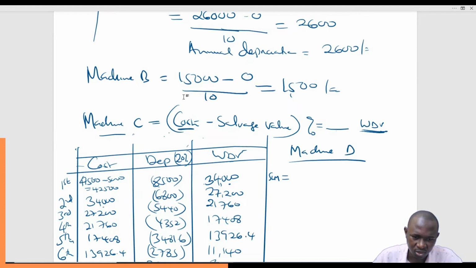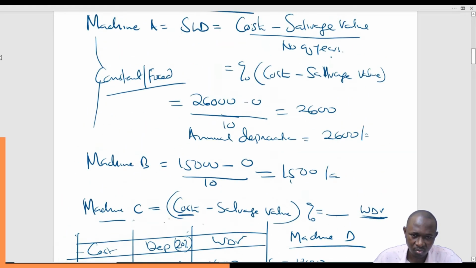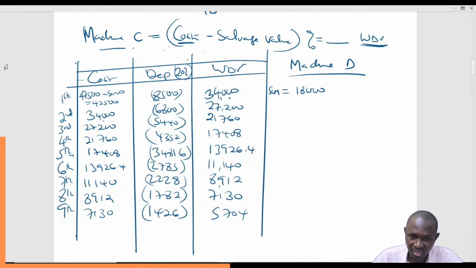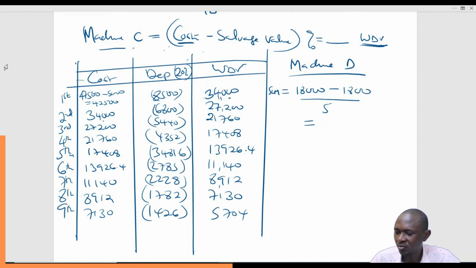So the cost is 18,000 minus salvage value, which they have told us is 10% of the original cost. 10% of 18,000 is 1,800, over 5 years. So 18,000 minus 1,800, divide by 5, we have 3240. So this machine will be depreciating at 3240 per annum.